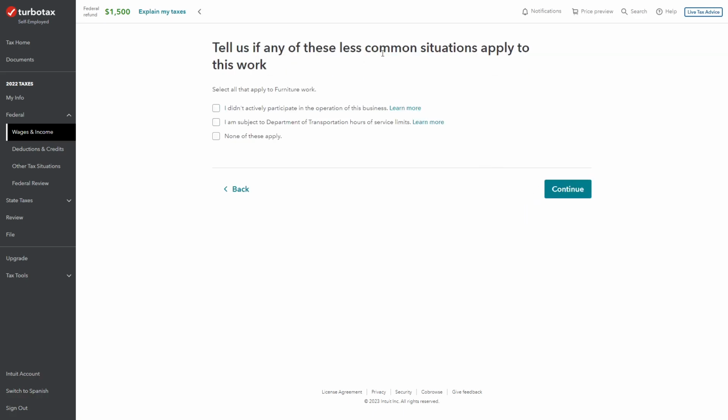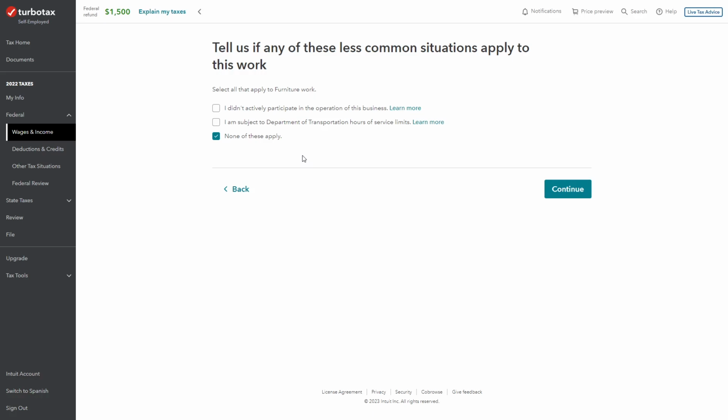Tell us if any of these less common situations apply, right? I didn't actively participate, I'm subject to Department of Transportation hours of service limits, or none. In our case, none, right? The active participation one is really important, because if you don't actively participate in the business operation, then it's potentially a passive activity to you. And passive activities have different rules, right?